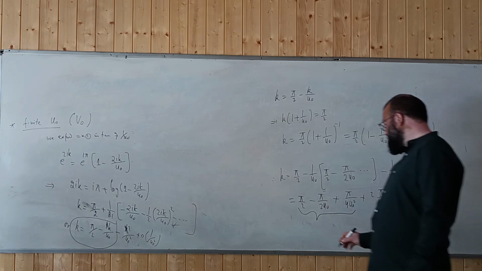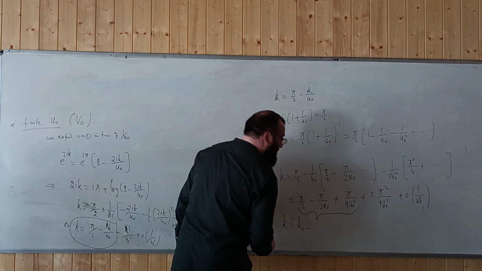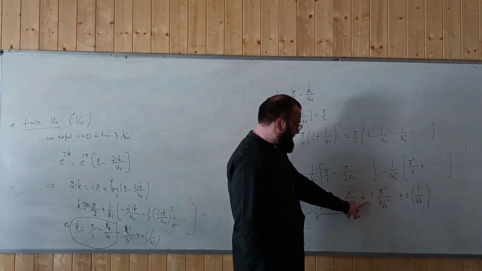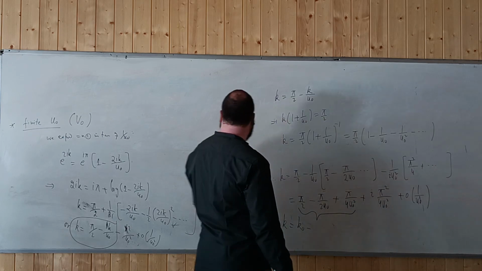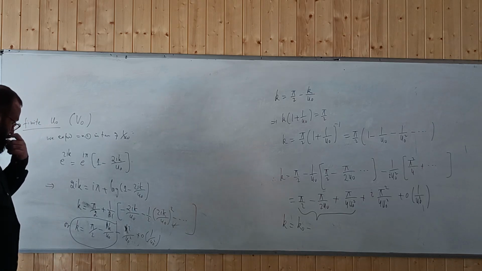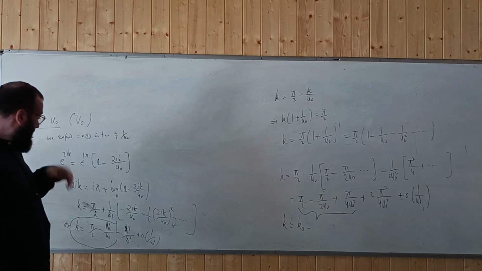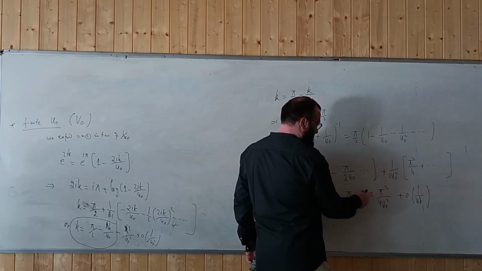Let's say this is your k naught. k is equal to k naught minus... this should actually be minus here. Somewhere you have to check. Yes, it is already plus.